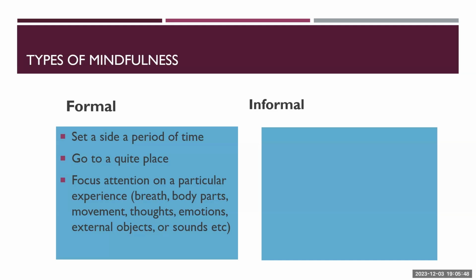So it could be your breathing or sensations on different body parts, your movement, or you can choose to just focus on your thoughts and emotions, not to really analyze them, but to just notice that you're having these thoughts and you're having these feelings, or find an external object or sounds that you can focus your attention on.